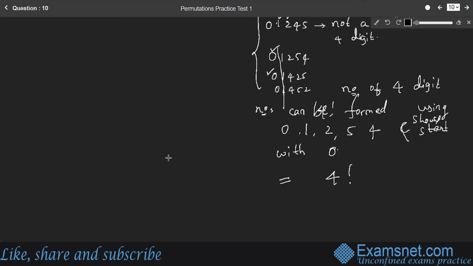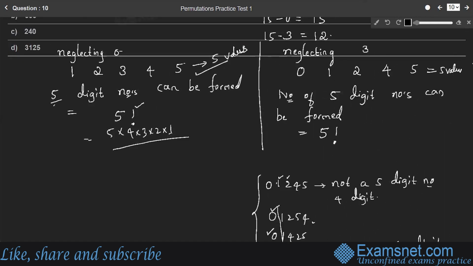There are only 4 values, therefore it is 4 factorial. Therefore, in the second case, when we neglect 3, the number of 5-digit numbers that can be formed is 5 factorial minus 4 factorial, because this 5 factorial includes the numbers which start with 0 also.